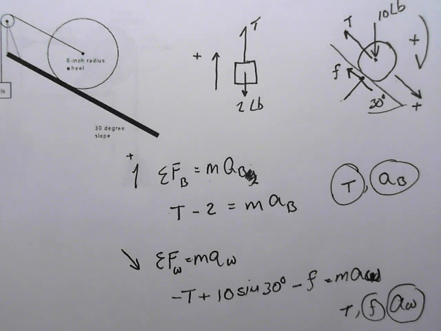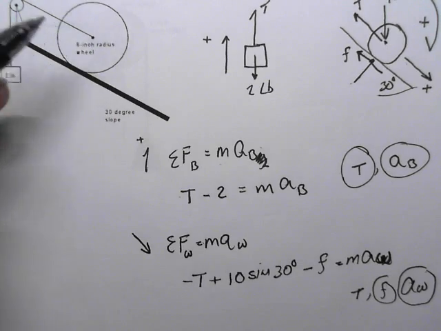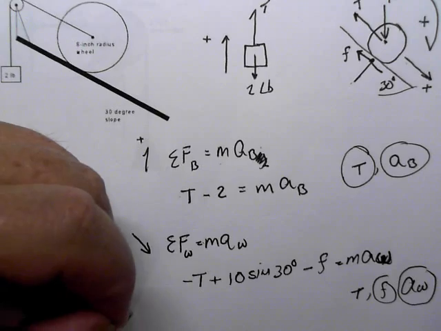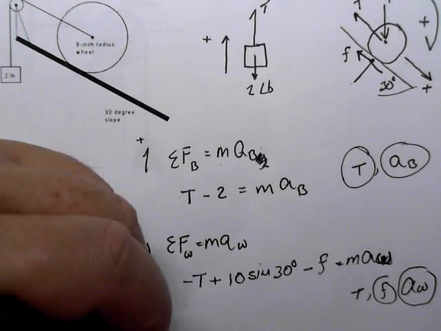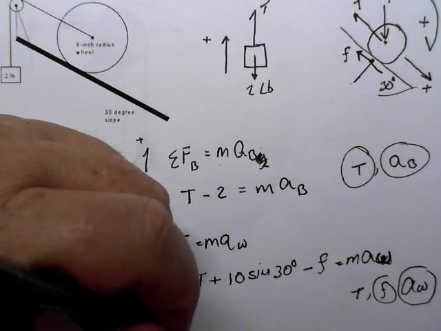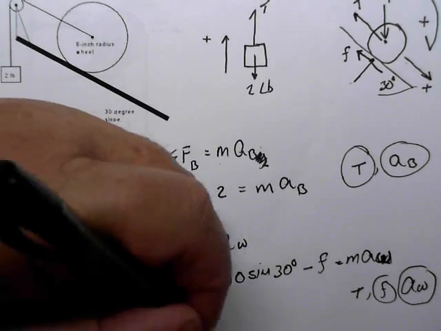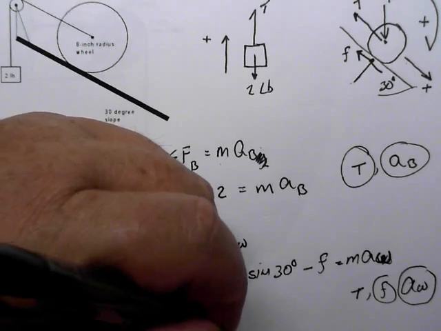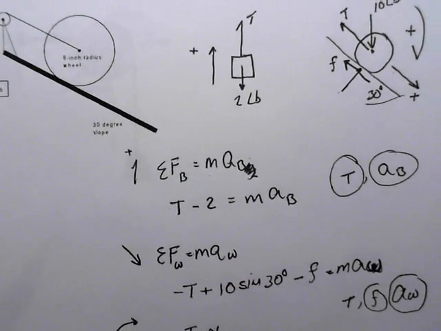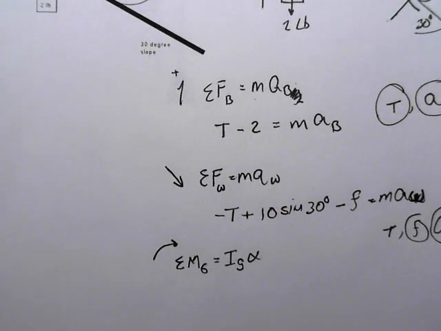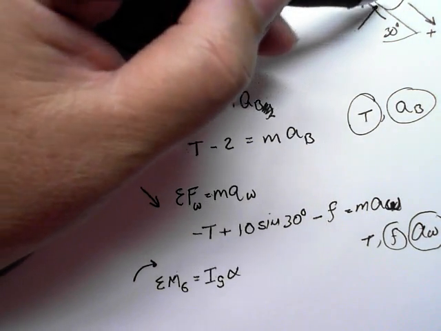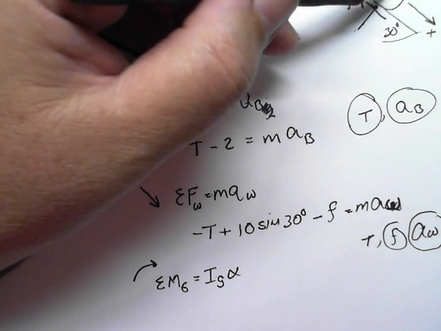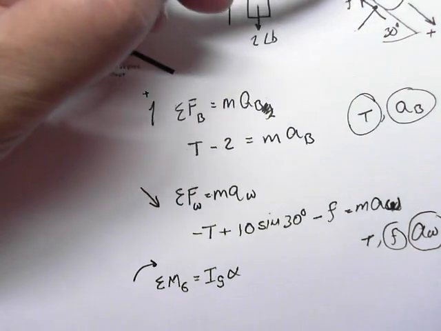Okay, and so now let's go with summing moments about the center of gravity. And we're going to do this direction positive. Summation of moments about the center of gravity is equal to Ig alpha. And so looking at our free body diagram, moments about the center of gravity will simply be our friction term.